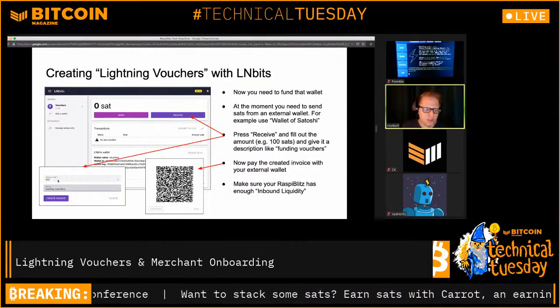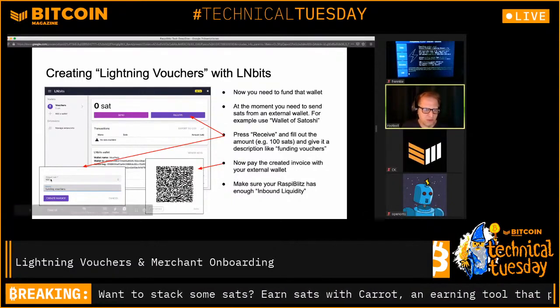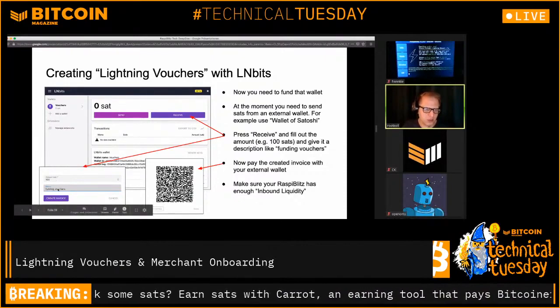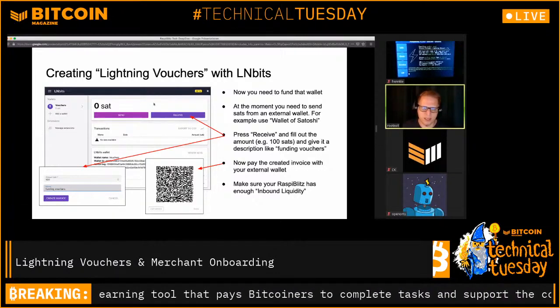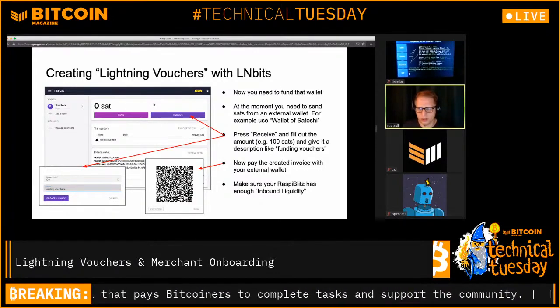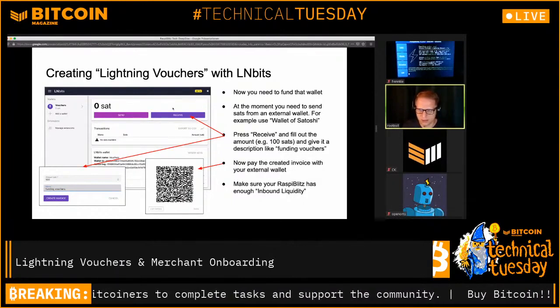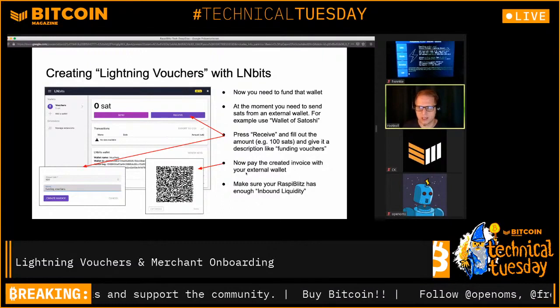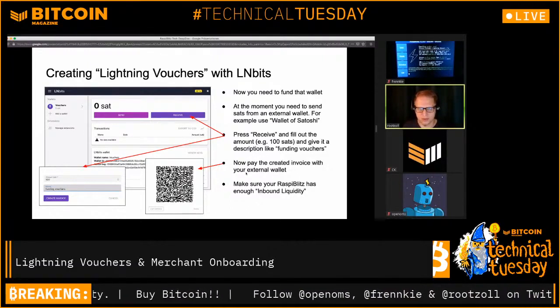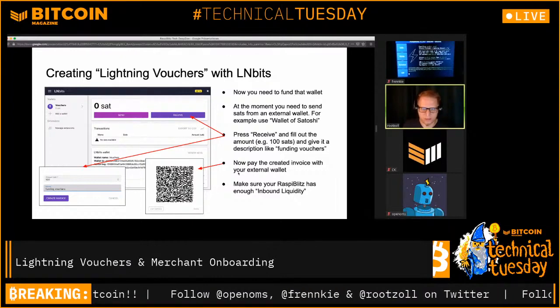So what you do is go here, receive, you say I need 200 Satoshis under fund vouchers, which is the funding for the vouchers, create invoice, and you then pay with this external wallet. Okay, so now this temporary wallet is funded. This is good. Always make sure that your RaspiBlitz has enough inbound liquidity and all this stuff, so that the basic Lightning infrastructure is ready for people trying things out.